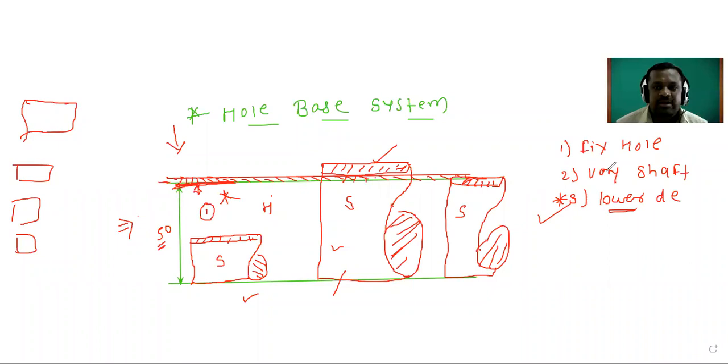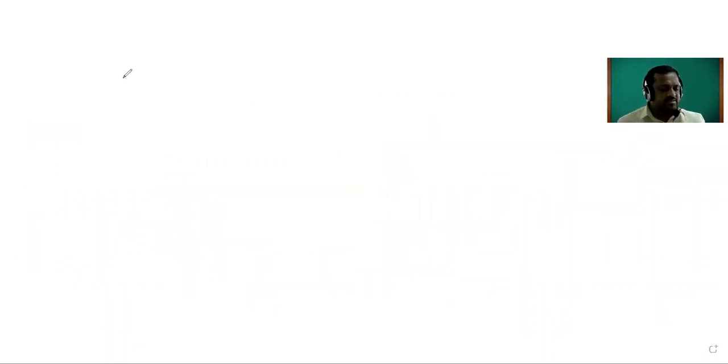So we will take next how to represent the hole basis system in graphical manner. Anybody?